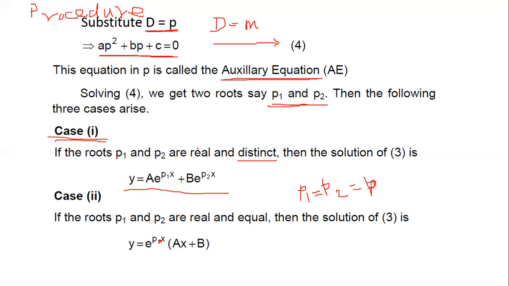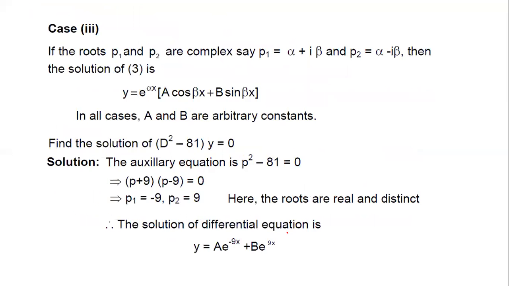So the first case is the roots are real and unequal. Second case, the roots are real and equal. The third case is if the roots are complex, p equal to alpha plus or minus i beta.